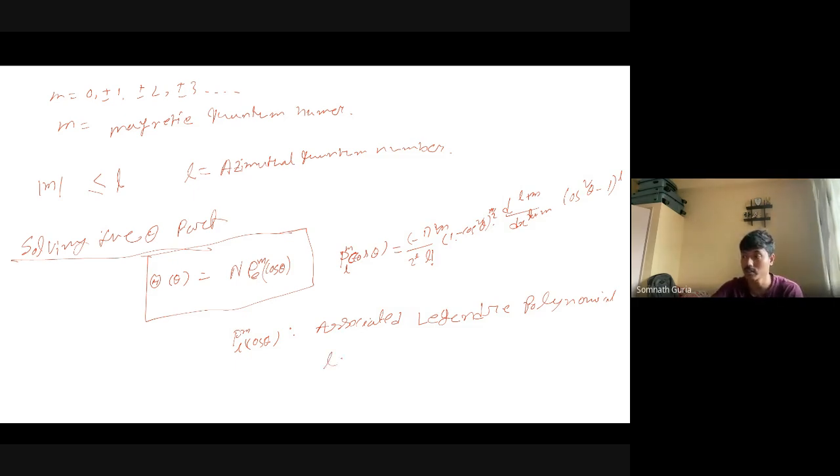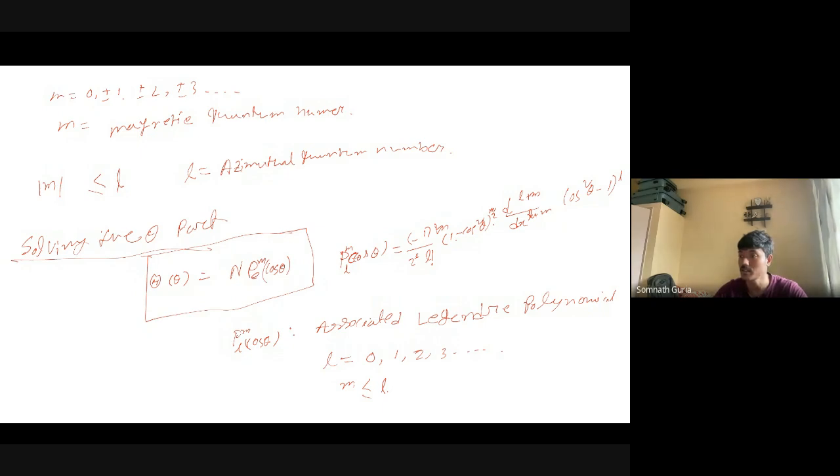Initially, we already wrote that L will always be 0, 1, 2, 3. Here also m is always less than or equal to L. It can be proved.